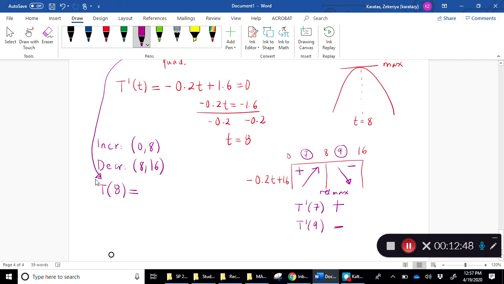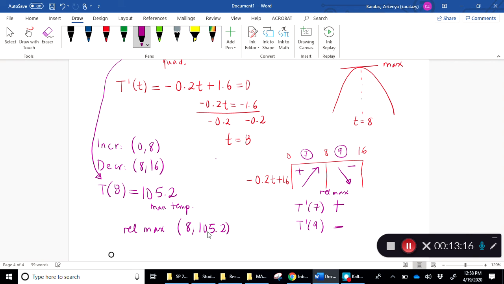The value that I got is 105.2. So this is the maximum temperature. It's a relative max for this function at the point (8, 105.2).